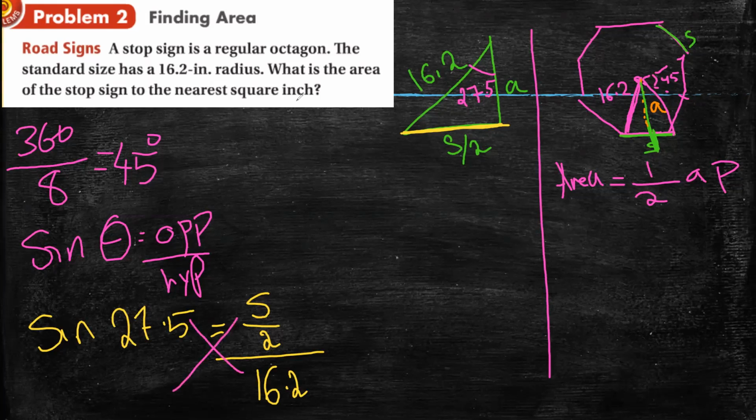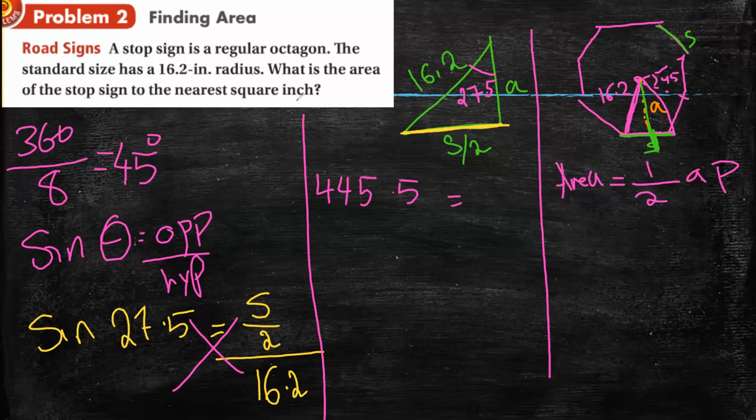Then, by cross product, I will multiply 16.2 times 27.5, which is 445.5. This one is equal to s over 2, times 2. So the side here will be 891 inch.